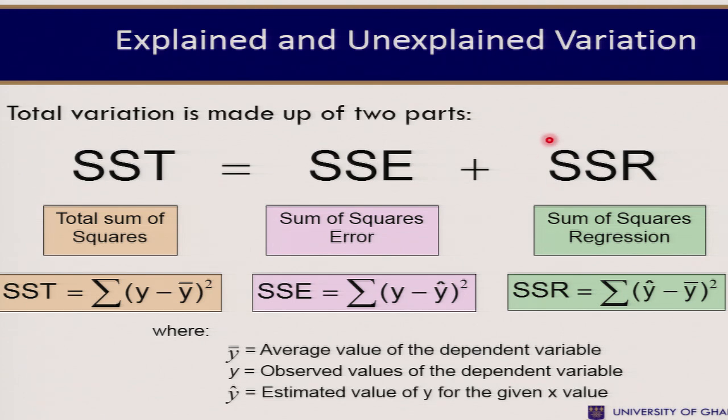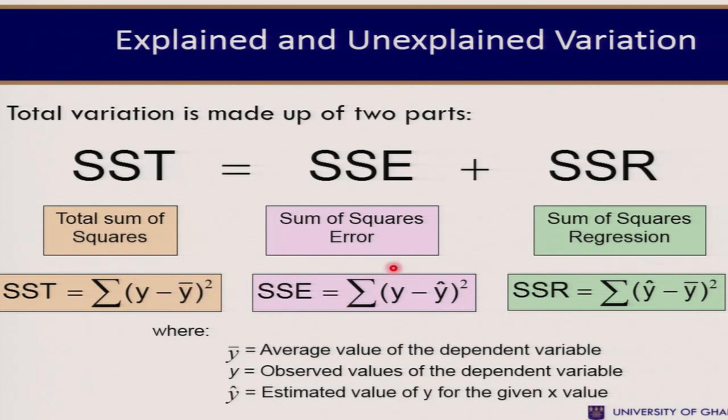Explained variation can be measured in terms of the sum of squared regressions, and then the unexplained variation is measured in terms of the sum of squared error. Explained variation is sometimes given as SSR, and then unexplained is SSE, whereas the total variation is SST. SST is given as summation of y minus y bar all squared.